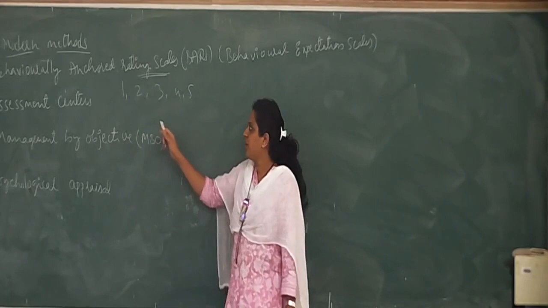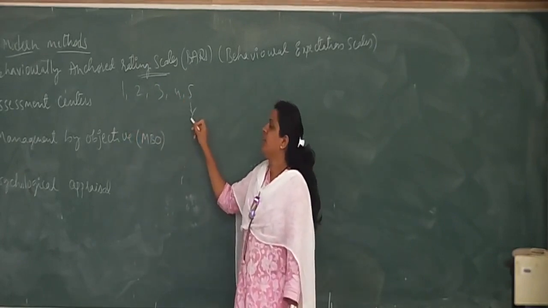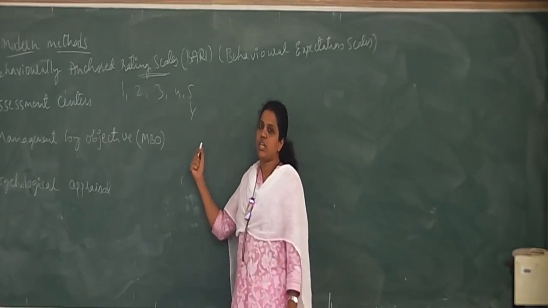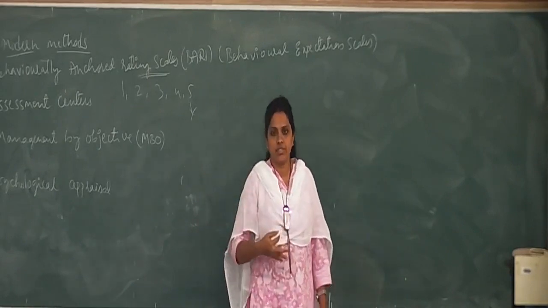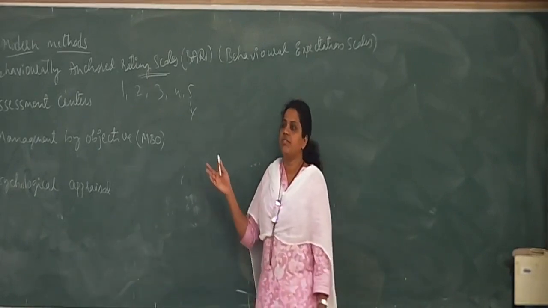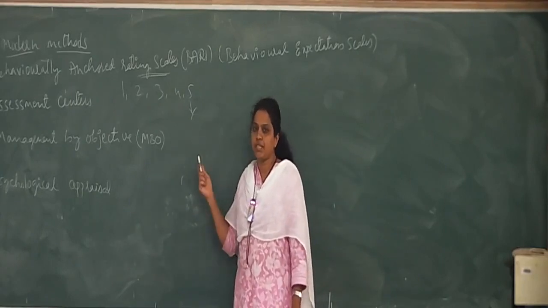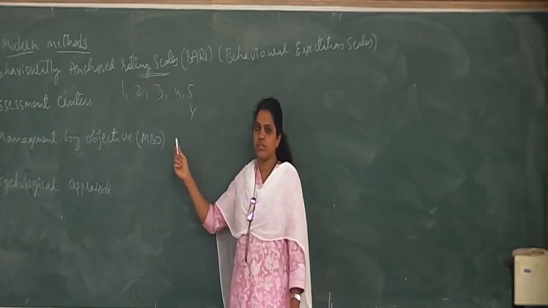So if the person has to give 5, then there is a specific job expectation. The watchman has to take rounds, for example, if he has an 8-hour shift, at least for 6 hours he will be roaming around the campus and checking if there are any problems.